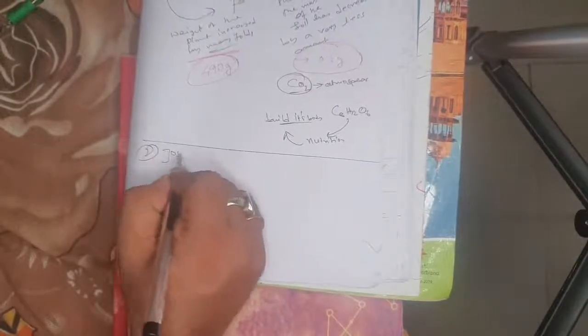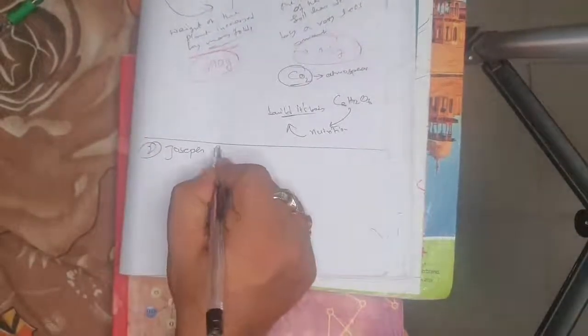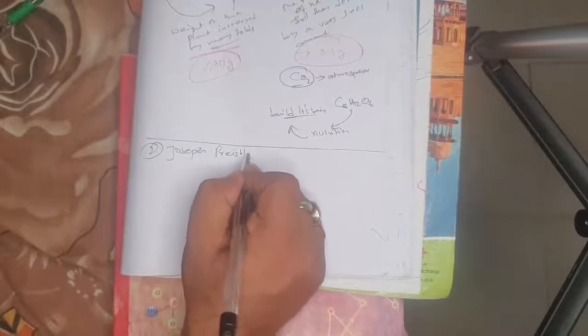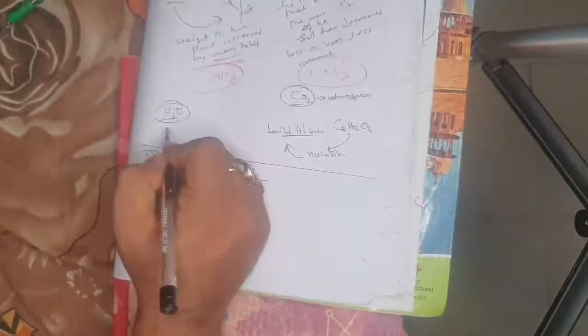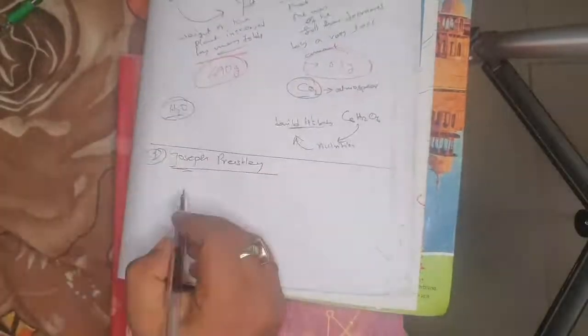So the second was by Joseph Priestley. In his experiment, he tried to figure out, if not soil then what? Only water it cannot be. He couldn't figure out the entire thing, but he performed an experiment.